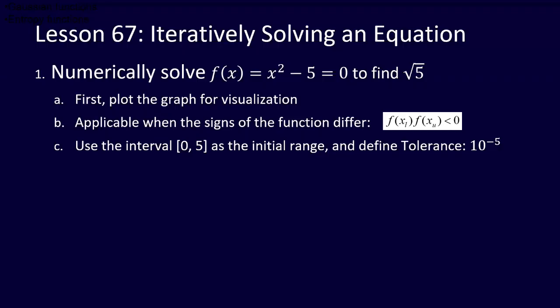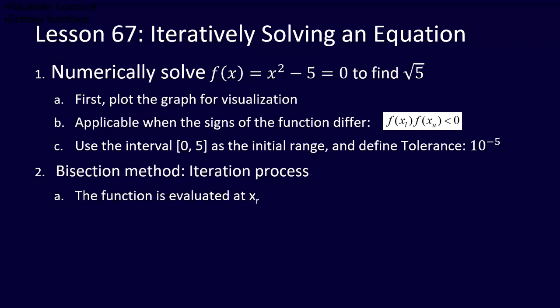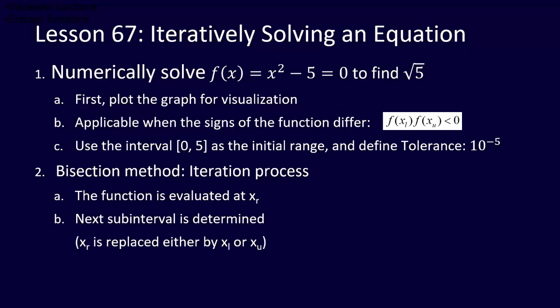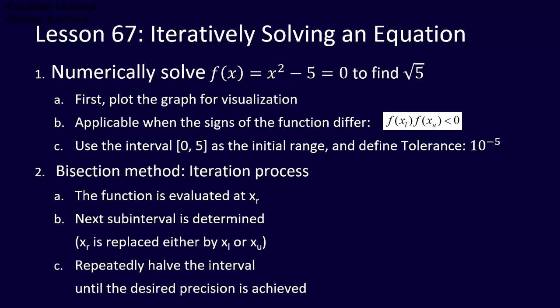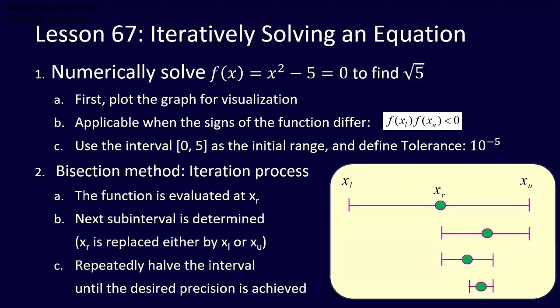And then the bisection method is an iterative process. The function is evaluated at xr, and the next subinterval is determined to be the half of it by replacing either x low or x high. Okay? So it might be confusing, but I hope you will learn about it.